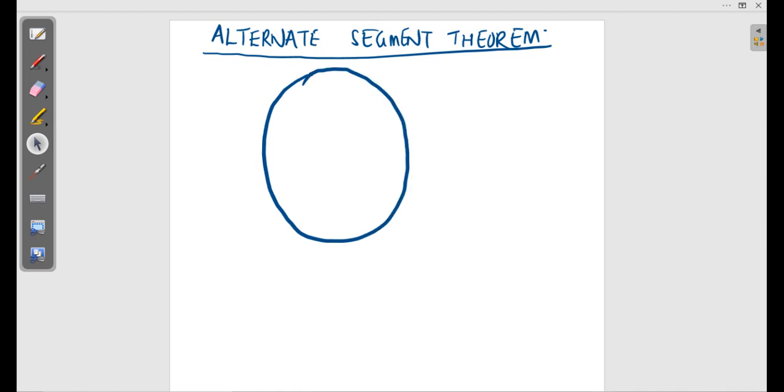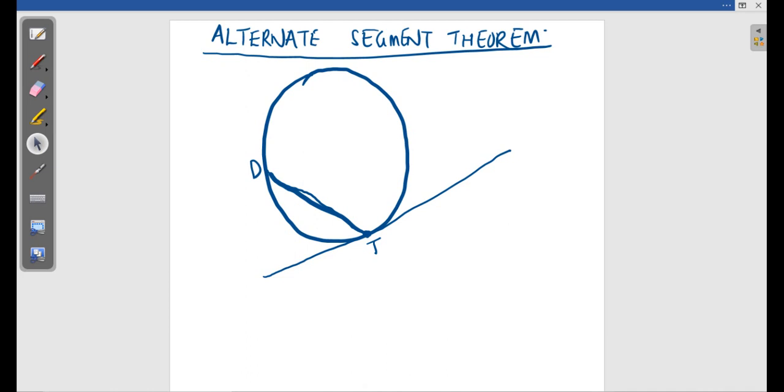Now, this line here is a tangent. Now, from this point of intersection to this point is a chord. So, DT is a chord.